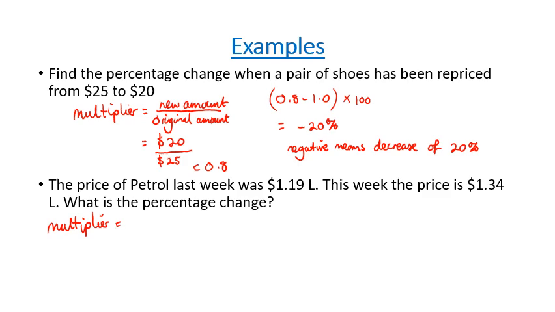That's going to be the new amount divided by the original amount, which is going to be $1.34 divided by $1.19.